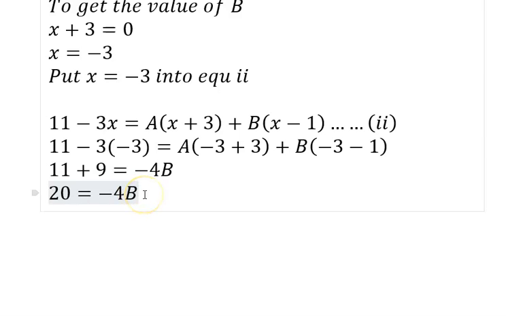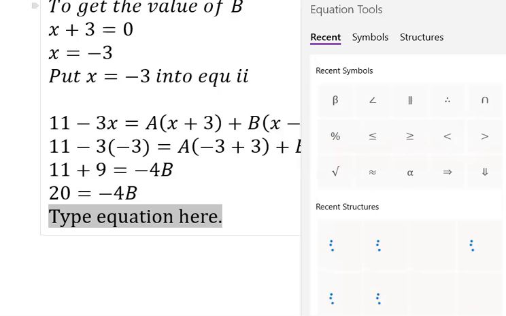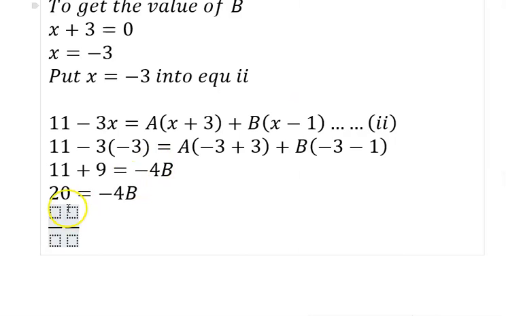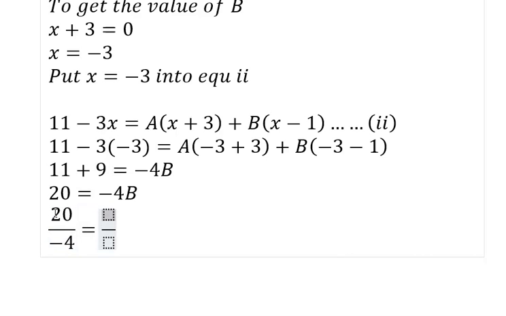Awesome. So we just divide both sides by minus 4, so that we can get our b. Here we have 20, we want to divide by minus 4. Here we have minus 4b, and we are dividing by minus 4.